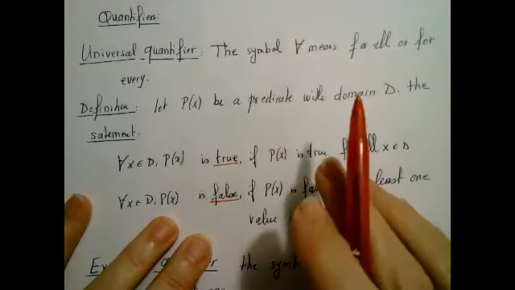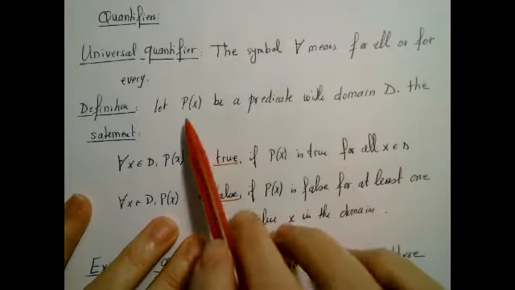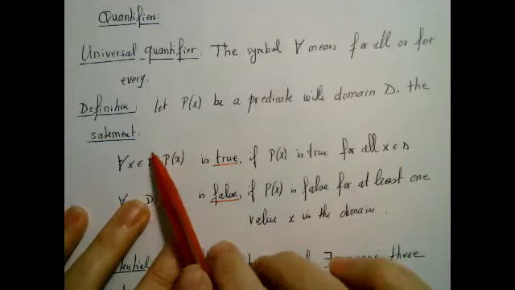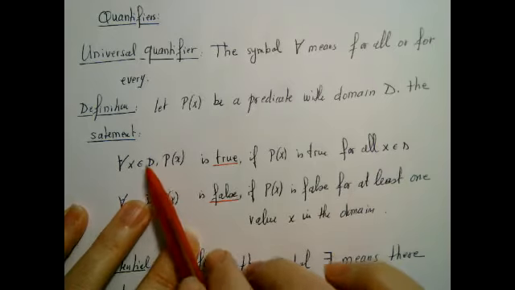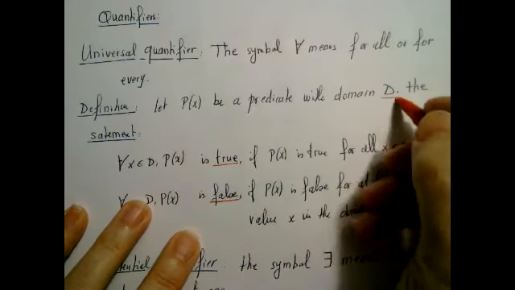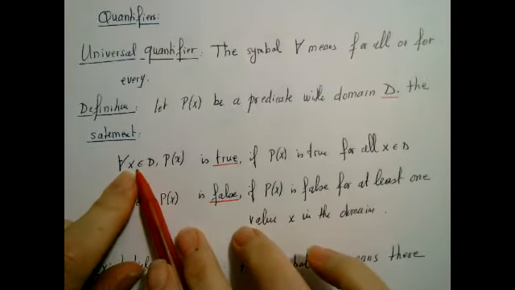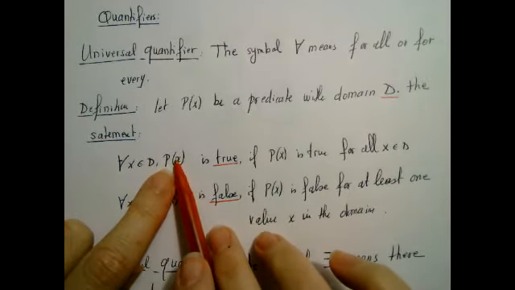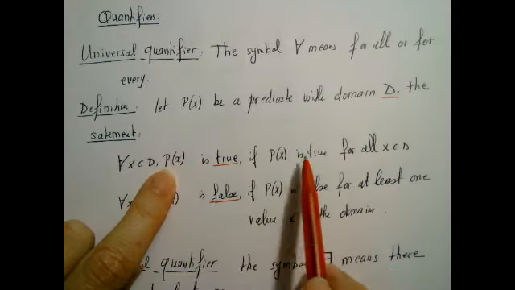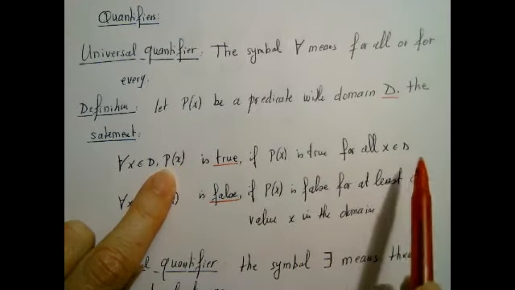A predicate is just a sentence. But what does it mean to say that for all x in D, where D is a domain, the domain is important, P of x is true? It is true if whichever x in the domain I plug in here, I will have a true statement. P of x is true for all x in D.